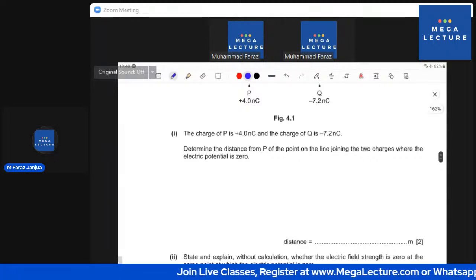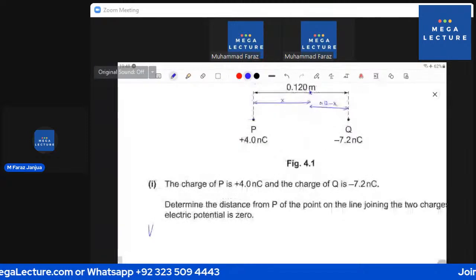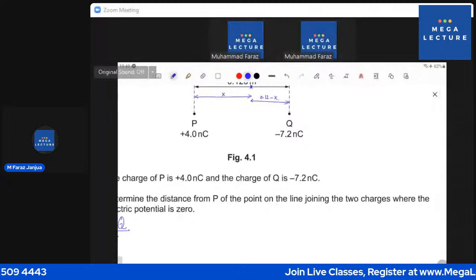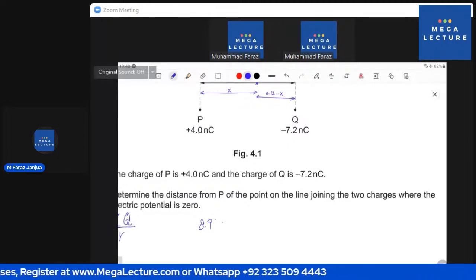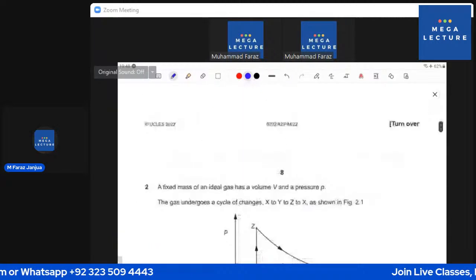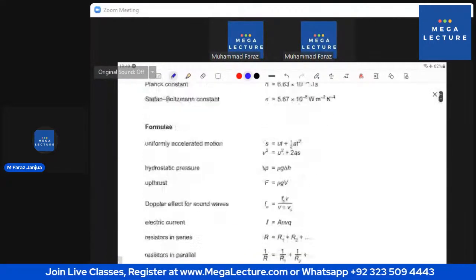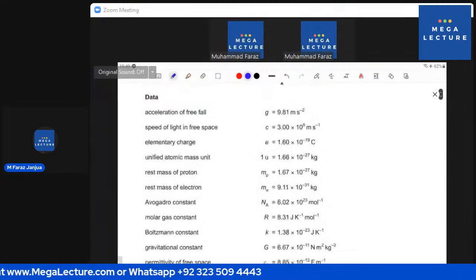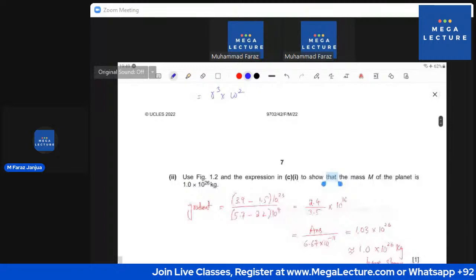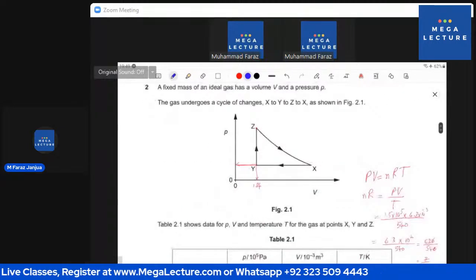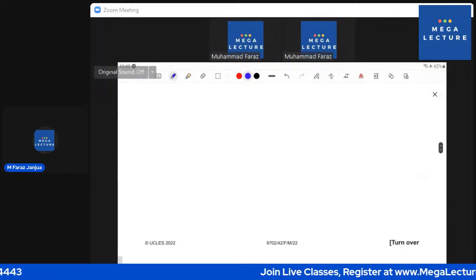K Q over r, where K is 8.99 times 10 to the power 9.